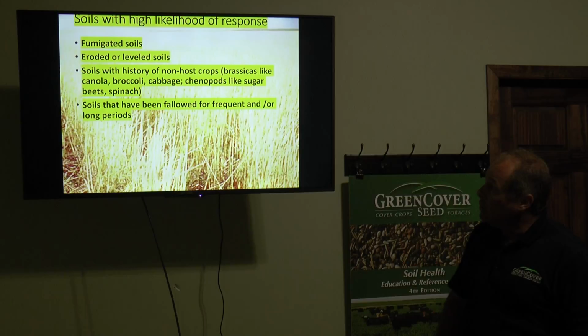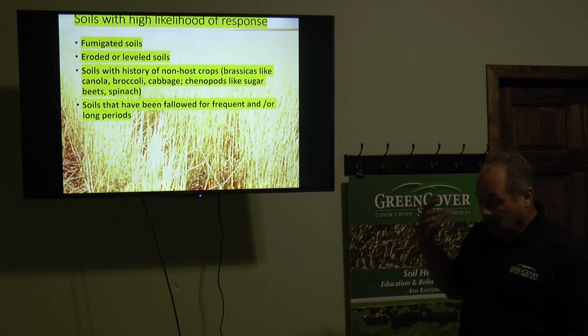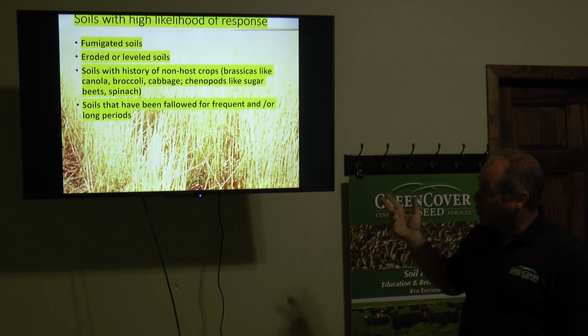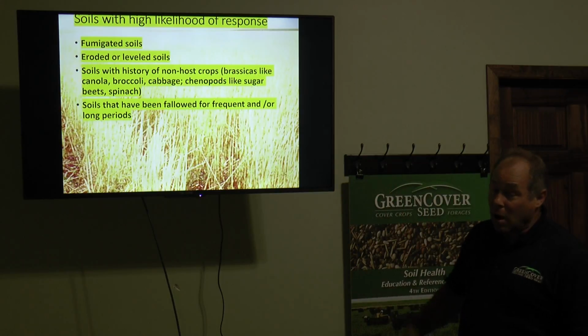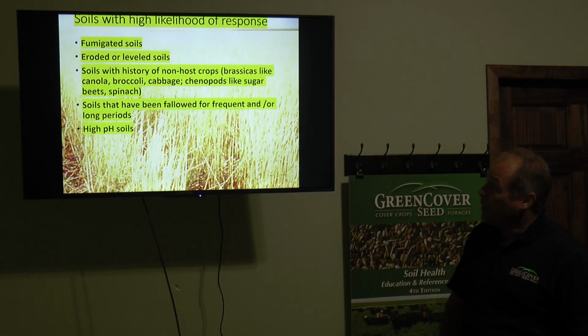Anything that's been fallowed, I know this part of the world, wheat, fallow, has been a very common crop rotation as you get into western Kansas, panhandle of Nebraska, panhandle of Oklahoma, Texas. Wheat, fallow, wheat was a very common crop rotation. That is just death on mycorrhizal fungi.